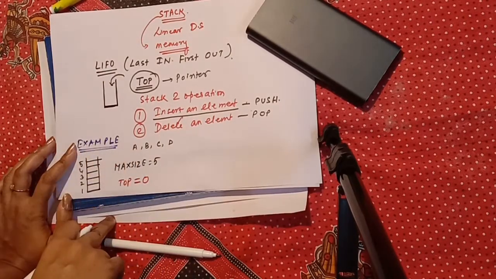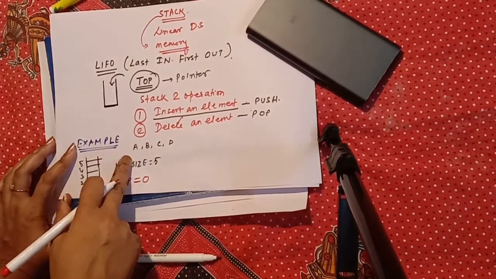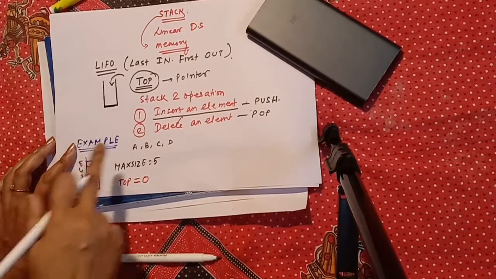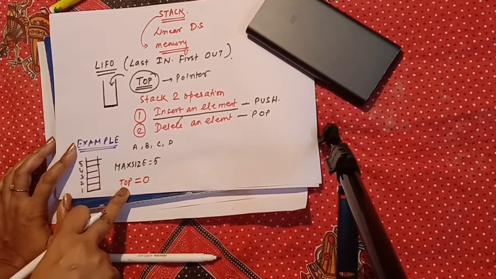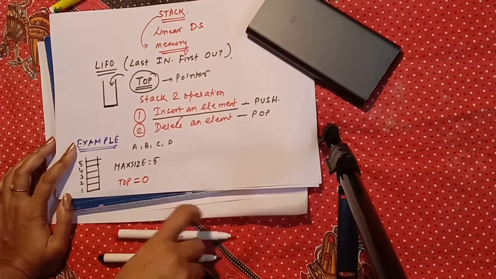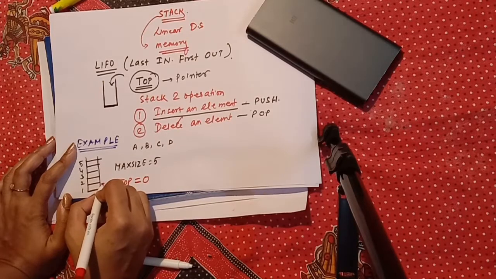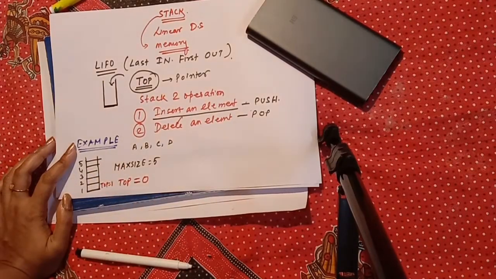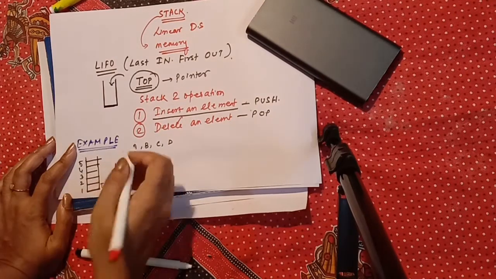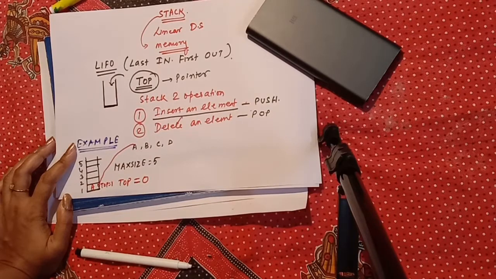Now suppose we want to insert an element, suppose A. In order to insert this element A, we have to take the top to position 1. So we increase the value of top to 1, and then we store the value A over here.